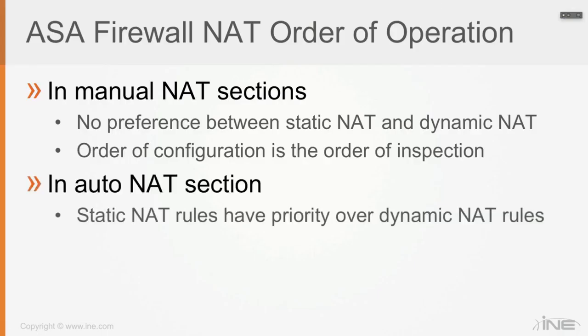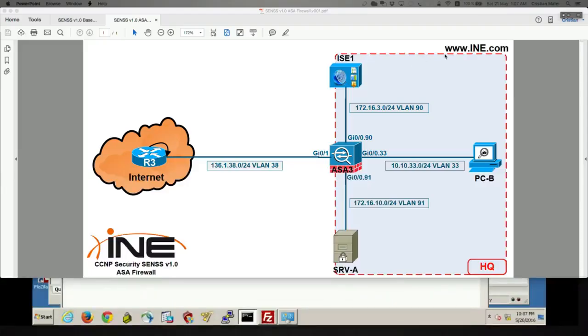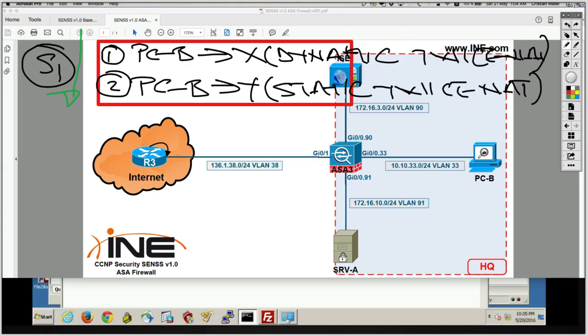Now in the AutoNAT section, which is section number 2, static NAT rules have priority over dynamic NAT rules, always. So what that means is that if we had the same example as before, but now one dynamic NAT entry and one static NAT entry, and this was not section 1, this was actually section number 2 for AutoNAT.